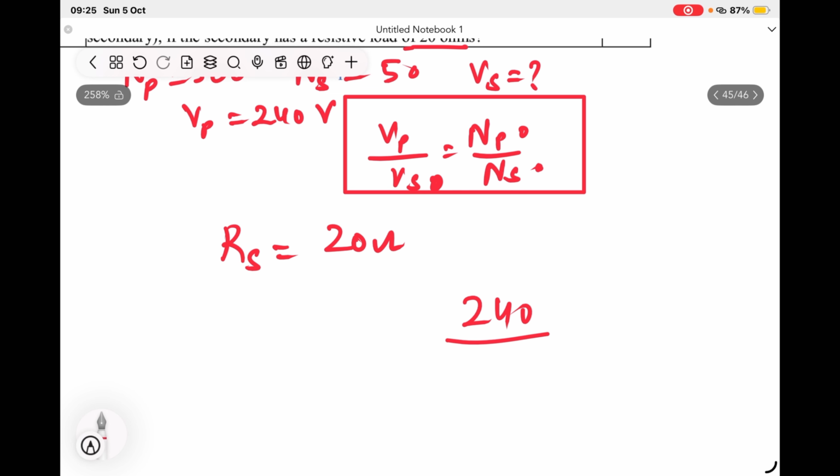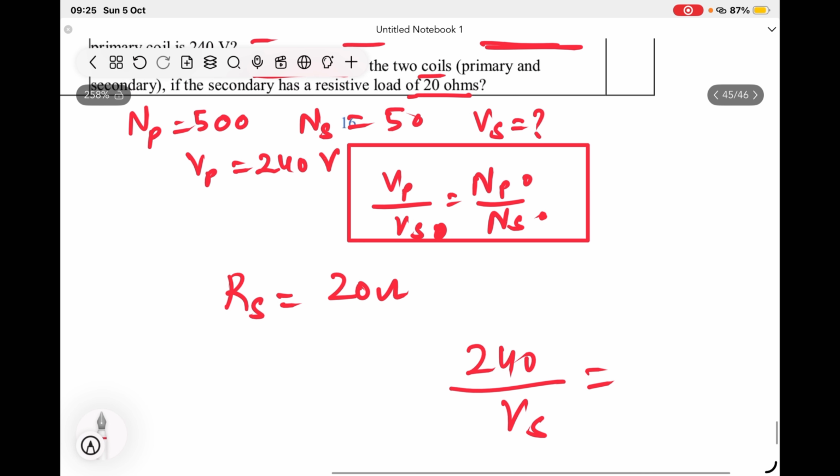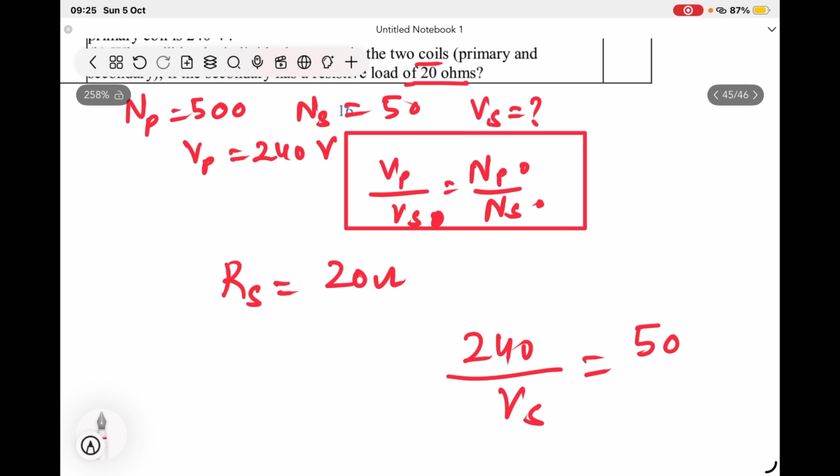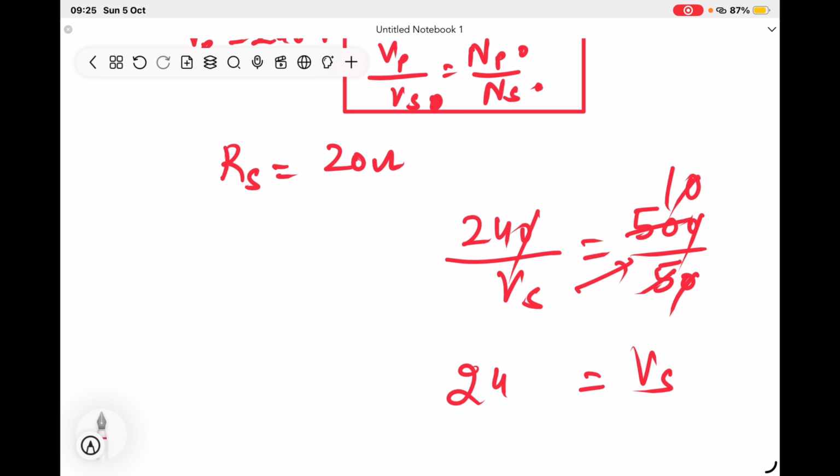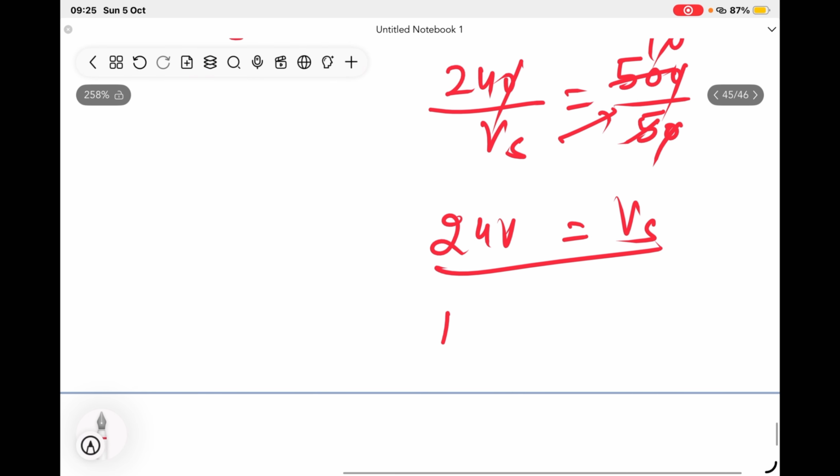V primary was 240, V secondary is to be calculated. N primary was 500, N secondary was 50. So it was 10 and 10 was cancelled, so V secondary will go this side. So V secondary is 24 volt.